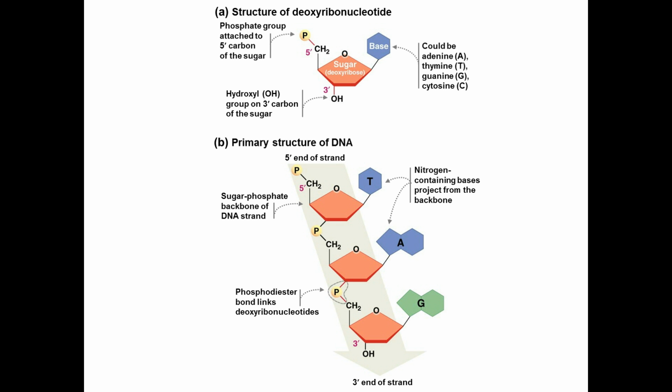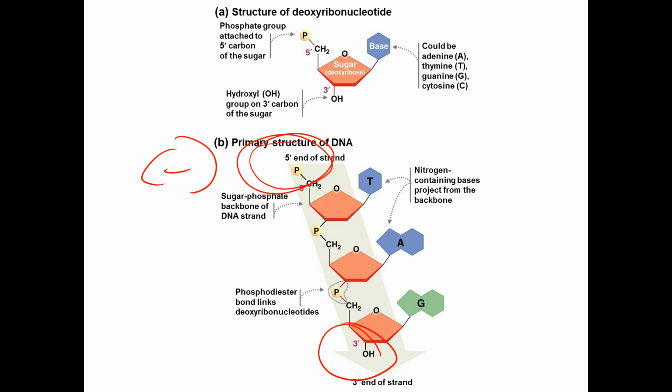Now, your nucleic acids have a polarity to them. At one end of the molecule, you have a free 5' phosphate. This phosphate has a negative charge. And at the very end of your polynucleotide, you have a free 3' hydroxyl.